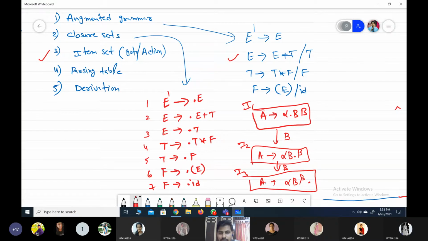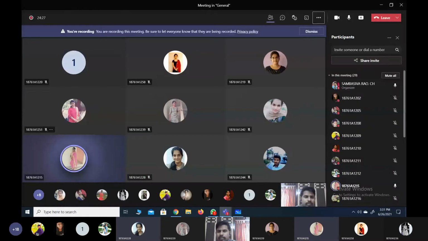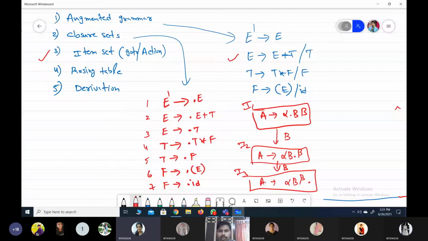If you do this repetitively, the construction of the item set is over. Is it clear? Everyone, is it clear? Are you following or not? Yes, sir. Shall we go with the simple example?